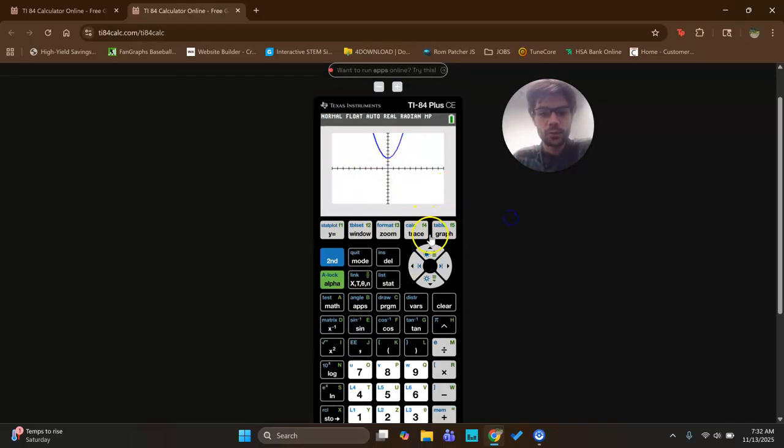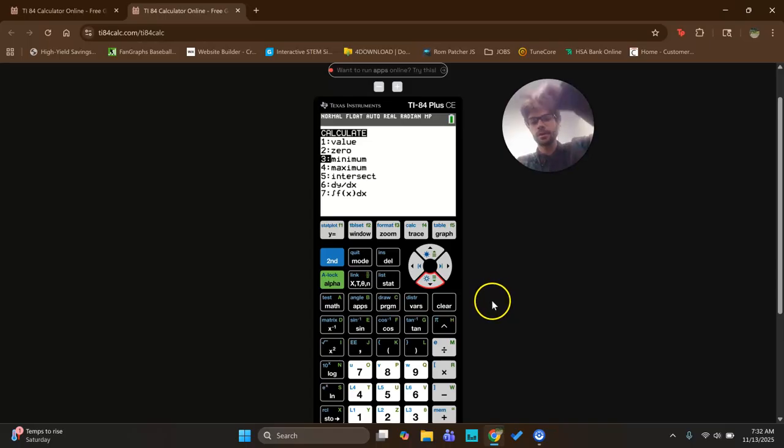So if we go to trace right here, but we want to go second, calc, and there's all these options here. So this is an integral, don't worry about that. Derivative, don't worry about that. Intersect, we can worry about later, I'll talk about that later. Maximum, minimum, zero, and value. So let's try minimum, because we have a minimum in this one, because it loops down like that.